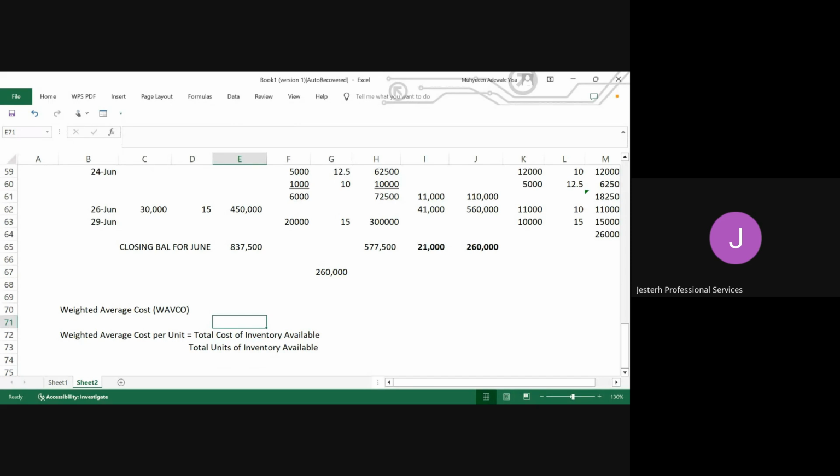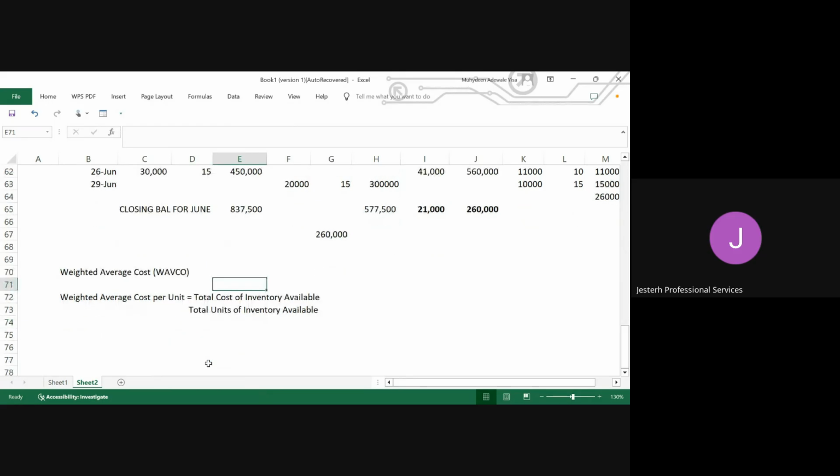What that means is, if we want to determine the value of our balance as at the date, or what we are issuing out, our products, we need to consider the average cost.